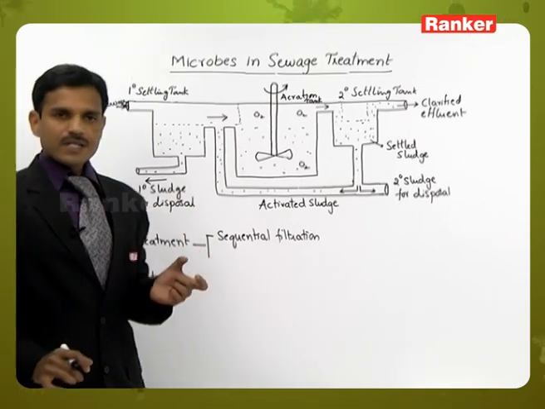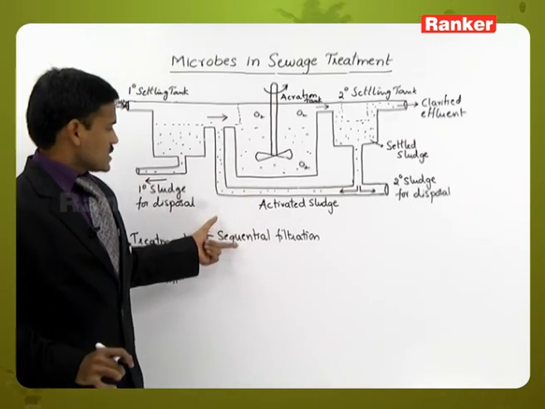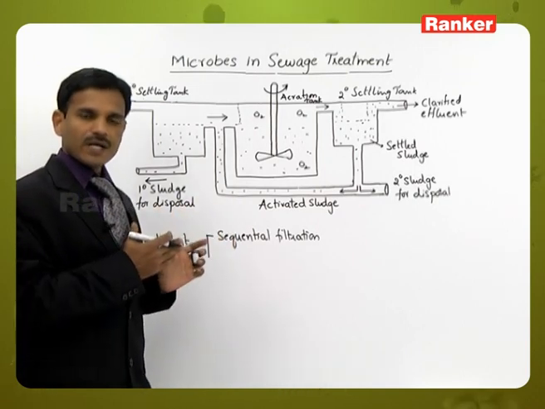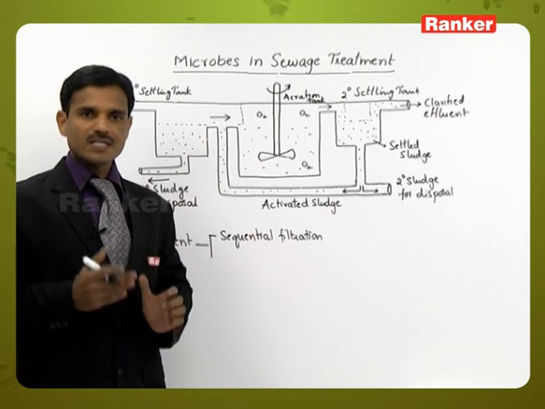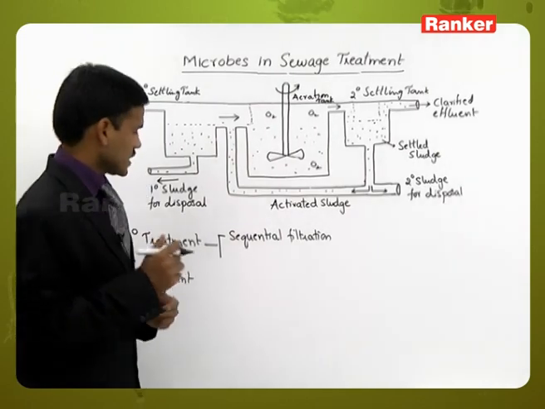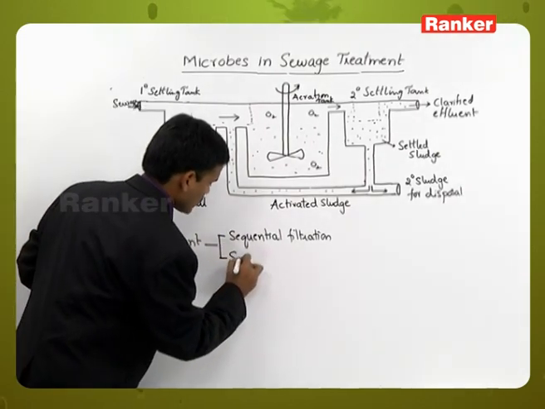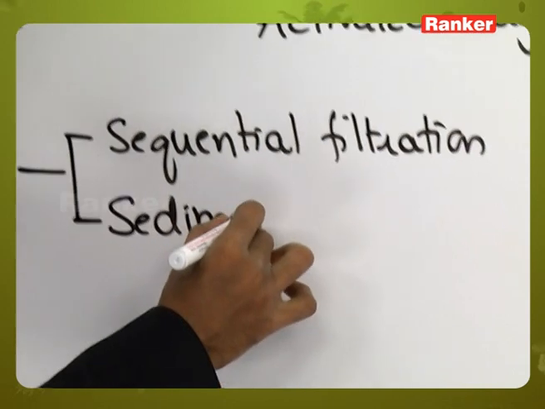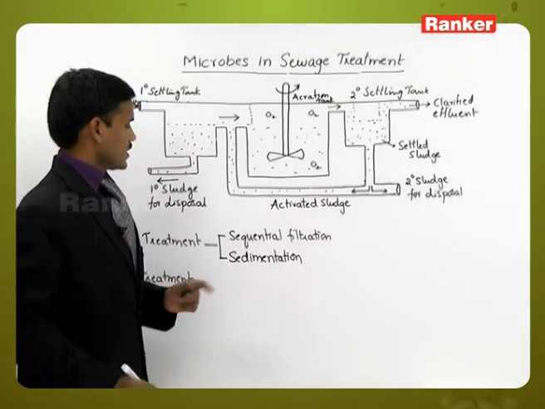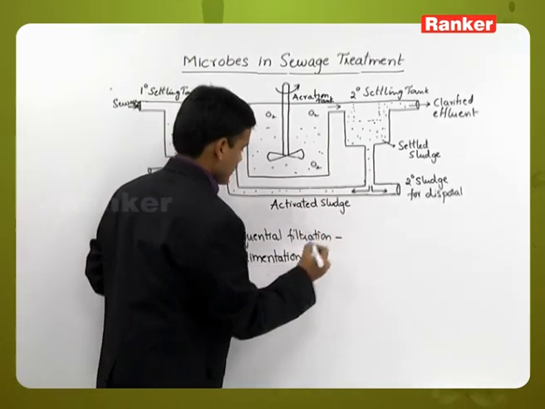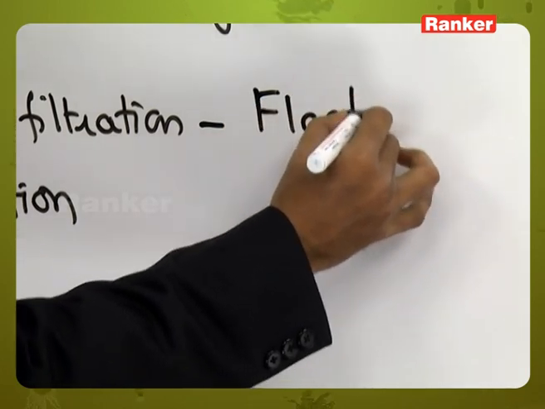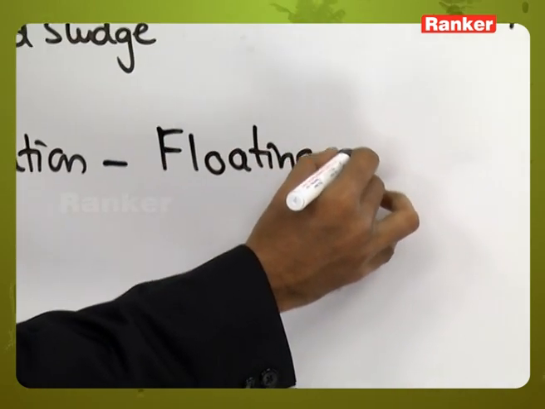In the primary treatment, which is the first step, by sequential filtration the floating material, the floating debris, is completely removed from the sewage water, and next the grit is removed by the sedimentation process.